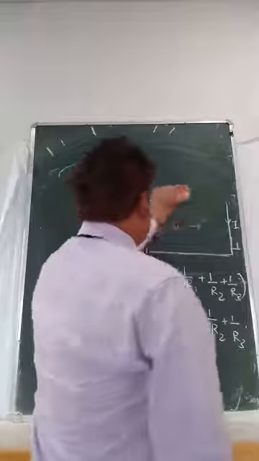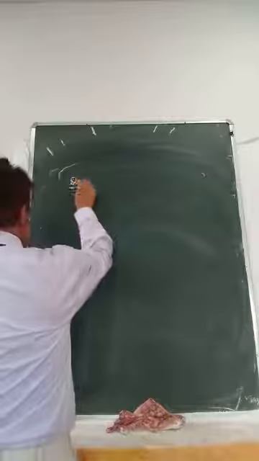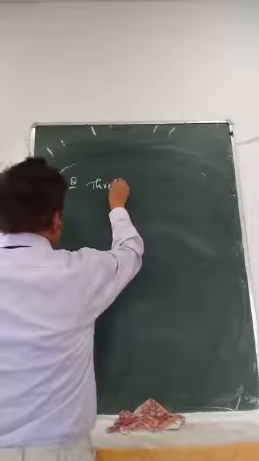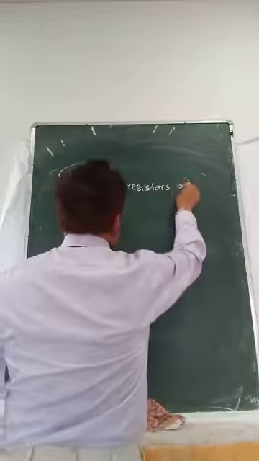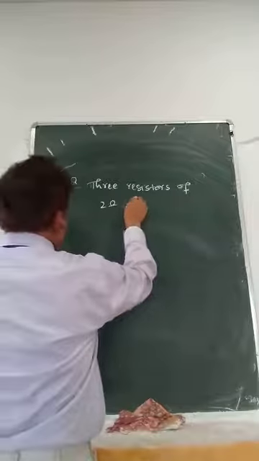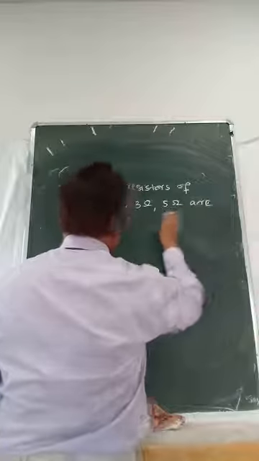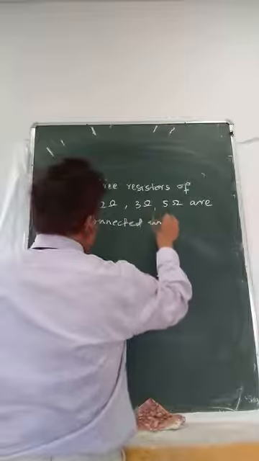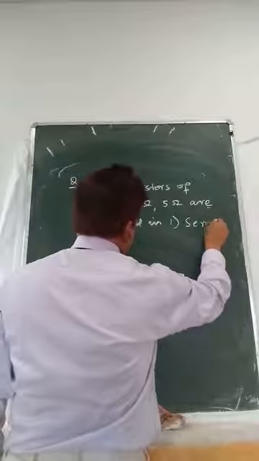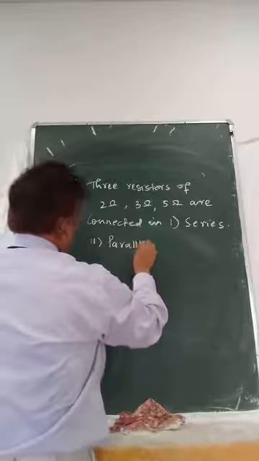Now suppose we take a small question here. Three resistors of 2 ohm, 3 ohm, 5 ohm are connected, first in series, second in parallel.